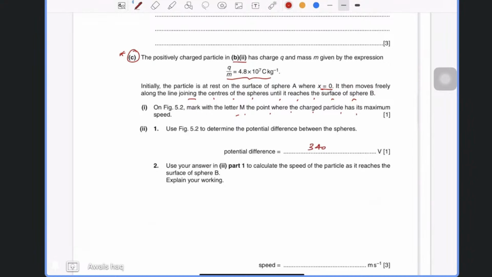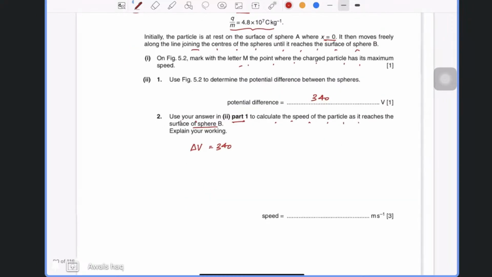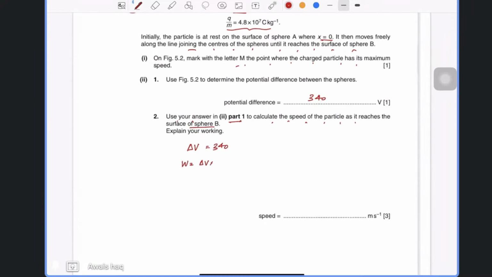And then it says use your answer in part 1 to calculate the speed of the particle as it reaches the surface of sphere B. So we have the change in potential, which is 340, which is great. You know that work done is change in potential times charge.